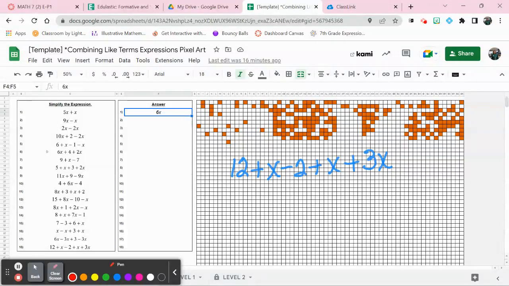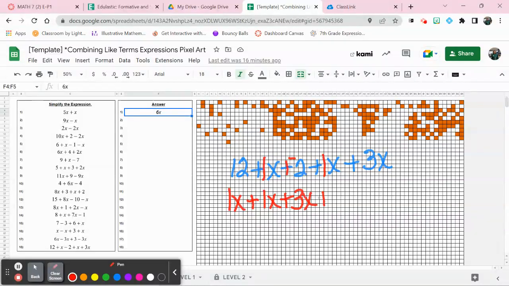Look for any variables that are by themselves to put that 1 in front. There's 1. There's a subtraction. Change to adding the opposite. There's another variable by itself, and I'm good. Now I'm going to put all my x's together first. We have 1x plus 1x plus 3x.